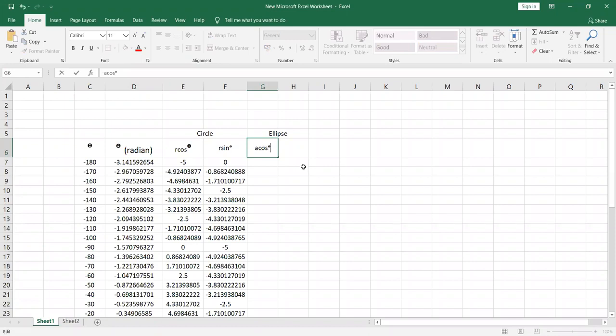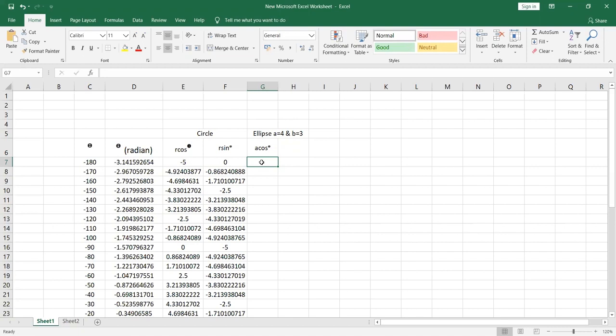For the ellipse, the value of a is 4 and the value of b is 3. Okay. So a cos theta.